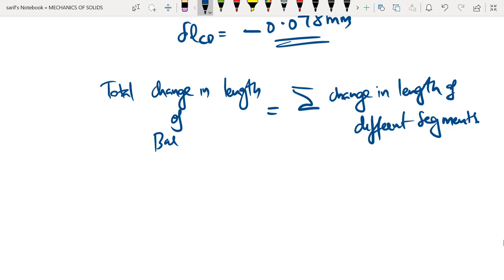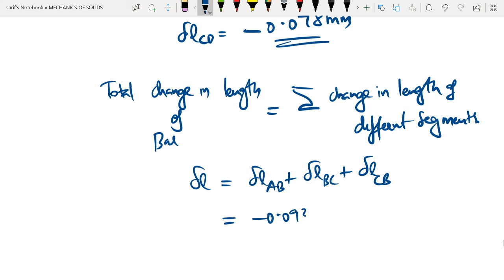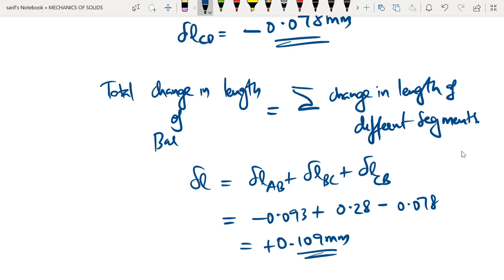So let us call this delta L, which is equal to delta L of AB plus delta L of BC plus delta L of CD, that is equal to minus 0.093 plus 0.28 minus 0.078. This will be equal to plus 0.109 mm. The change in length is positive, indicating it is an elongation.